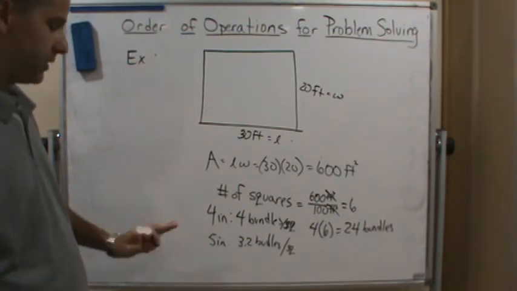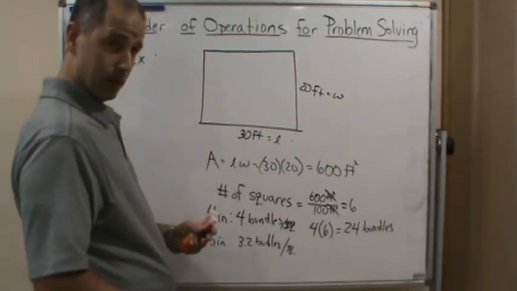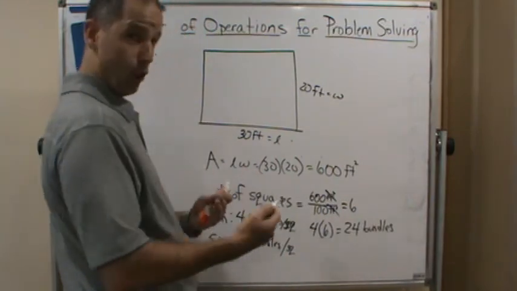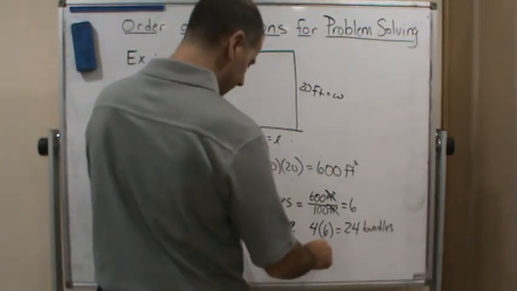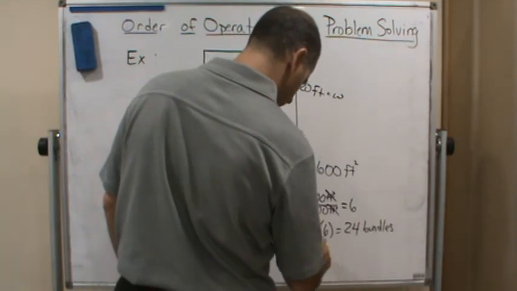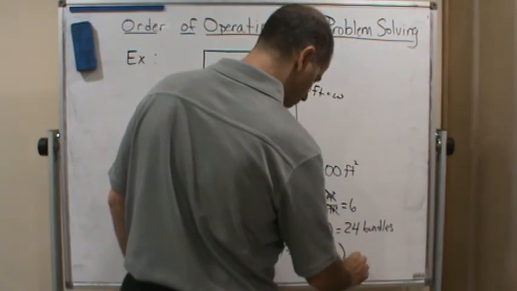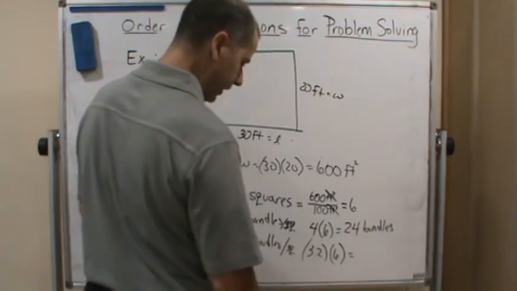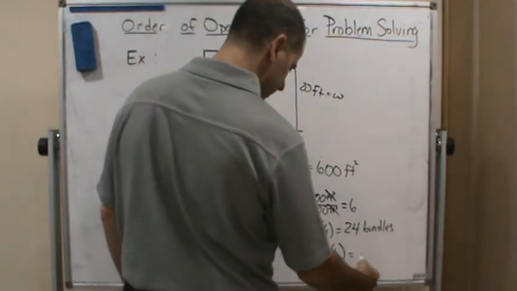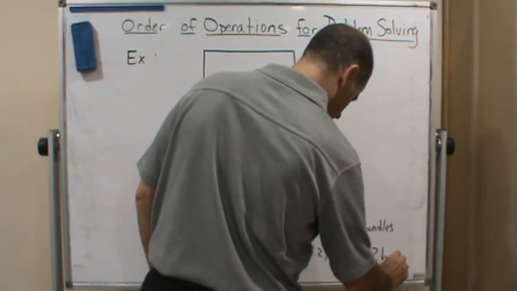Now, if it's 5-inch exposure we want, then we need fewer shingles, right? Because we have less overlap. So that means it's going to be 3.2 bundles per square times 6 squares, and that's going to lead us to what? That's going to be 19.2 bundles.